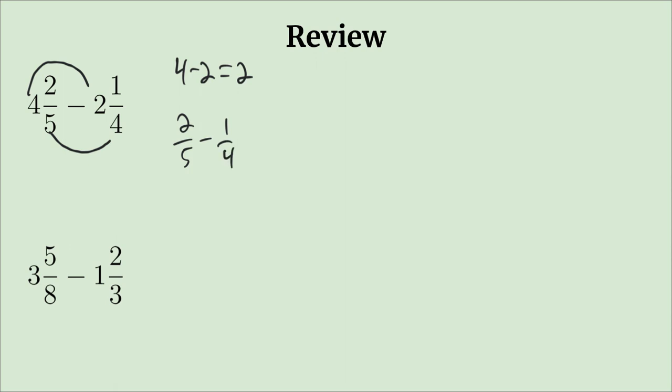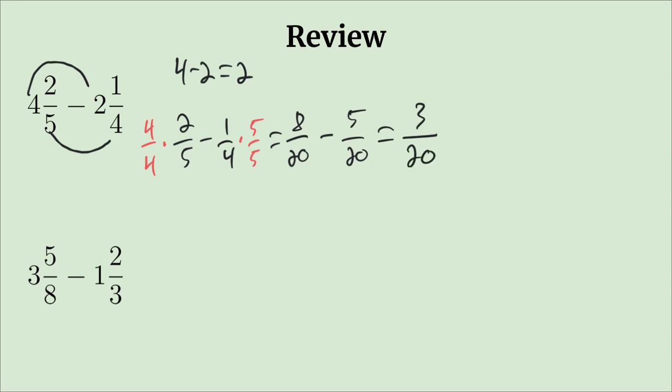Well, we got to have the same denominator there. 4 and 5 both go in 20, so we're going to multiply 1/4 by 5 over 5, 2/5 by 4 over 4, which equals 8/20 minus 5/20, and then you subtract the tops, the numerators. 8 minus 5 is 3/20. So our final answer is 2 3/20.